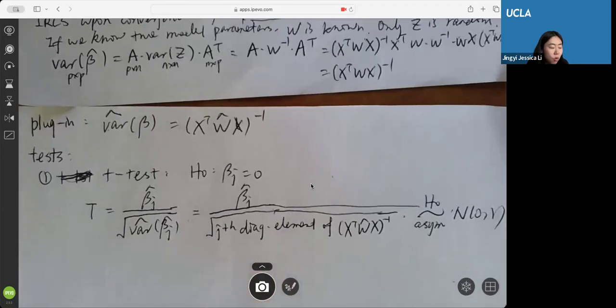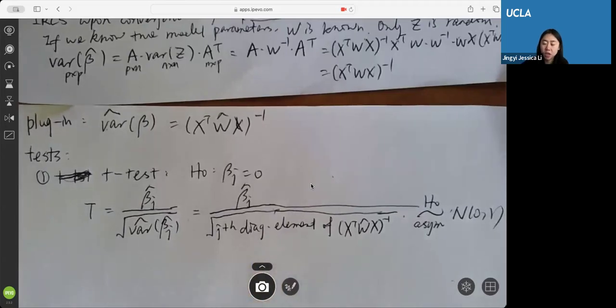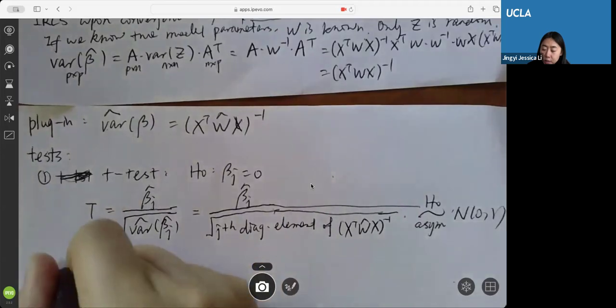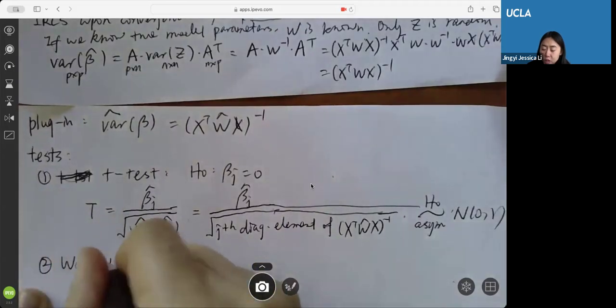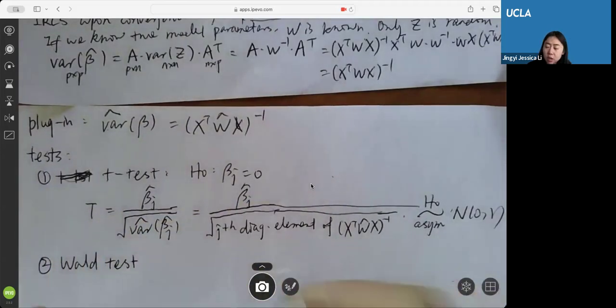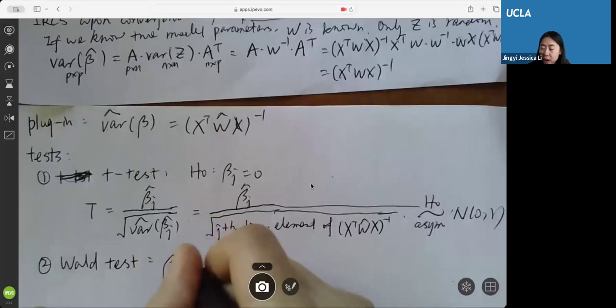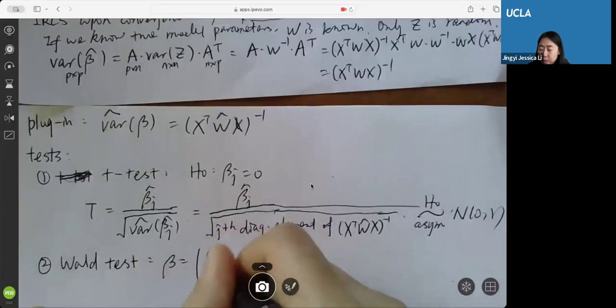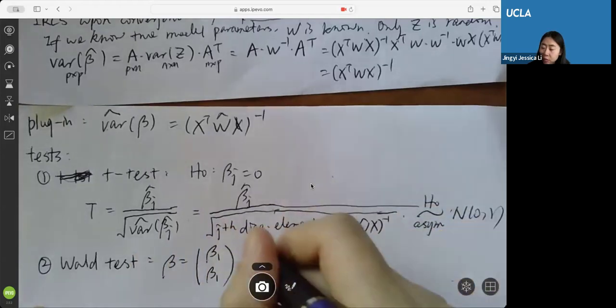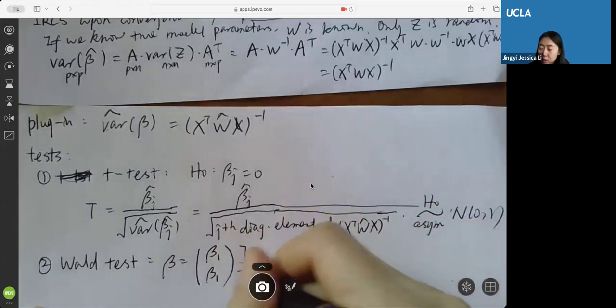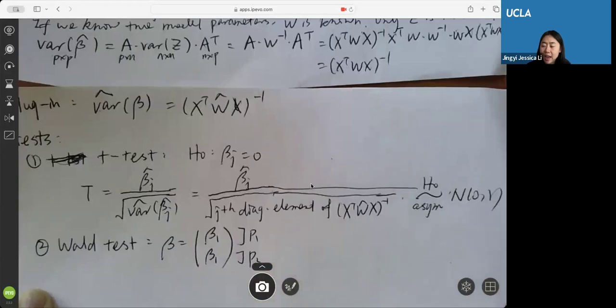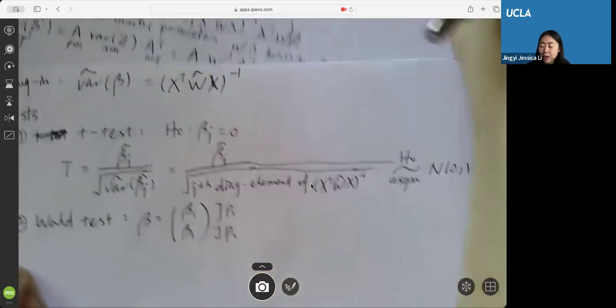And for the Wald test, second, when we want to test whether a subvector of beta is 0, we just write beta as two subvectors, beta 1 and beta 2, with dimensions p1 and p2, such that they add up to p.